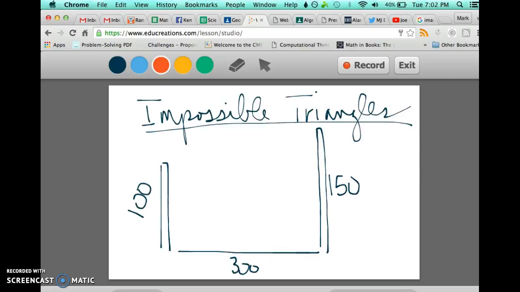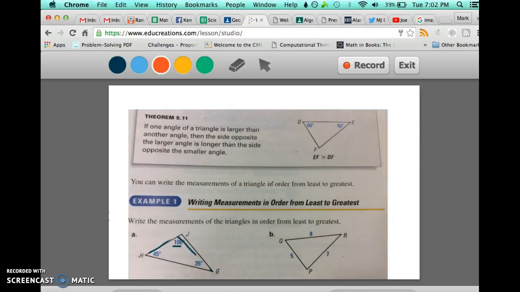So what does that mean, for example? Well, in example 1 here, we can rank them from least to greatest, both the angles and the sides. Like over in A, it's easy to, okay, least to greatest, the angles. Well, obviously, G is the least, then H, and then J is the biggest angle.